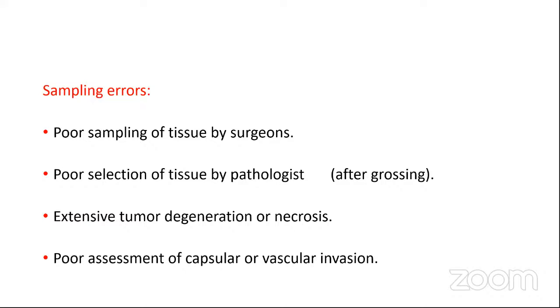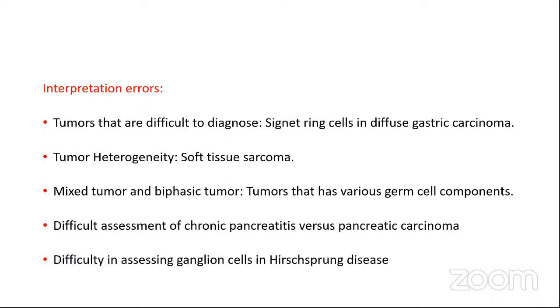One more thing is poor assessment of capsular or vascular invasion in endocrine organs such as thyroid. It's very hard to assess that under a microscope in frozen section slides, and we need to assess multiple sections, and that's the reason why it's a sampling error sometimes.